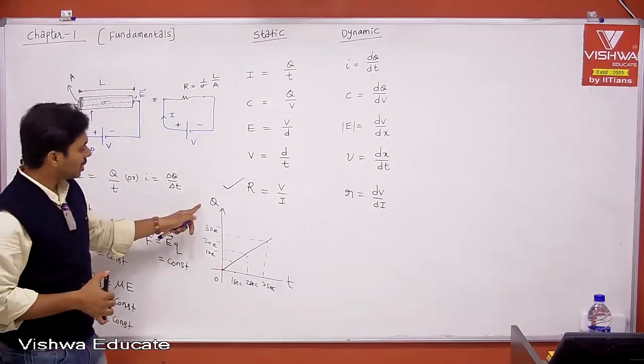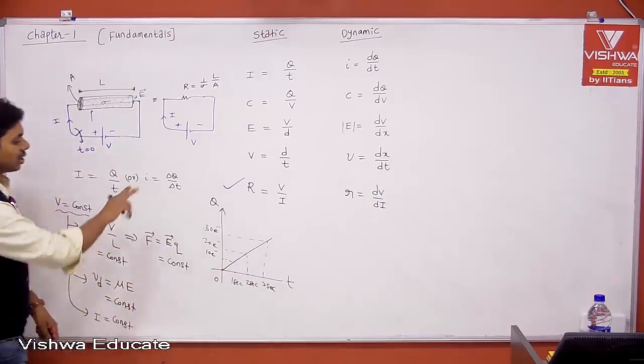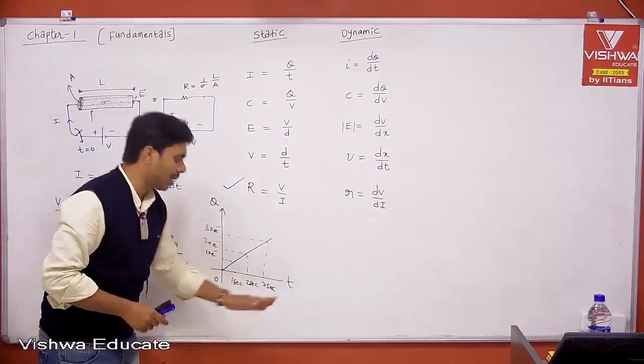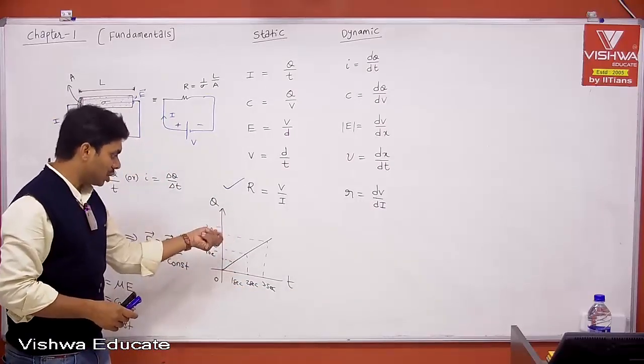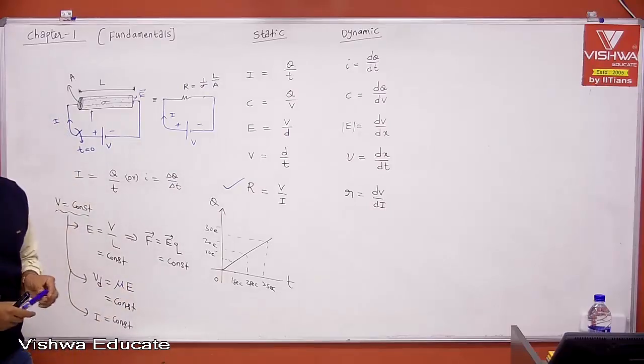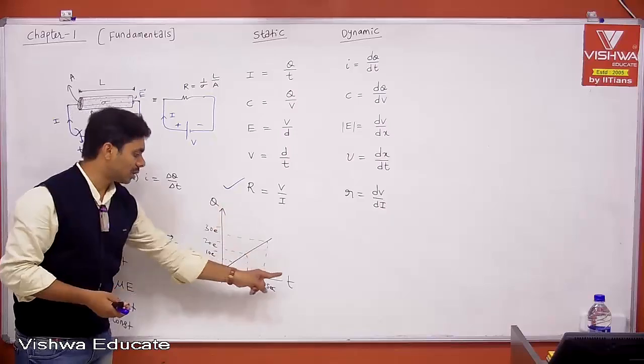If charge with respect to time is linear, then we can define the relation between the dependent parameter and the independent parameter, the ratio of these two, which is nothing but your current, in a static way. You can take it in a static way because the relationship between charge and time is linear.